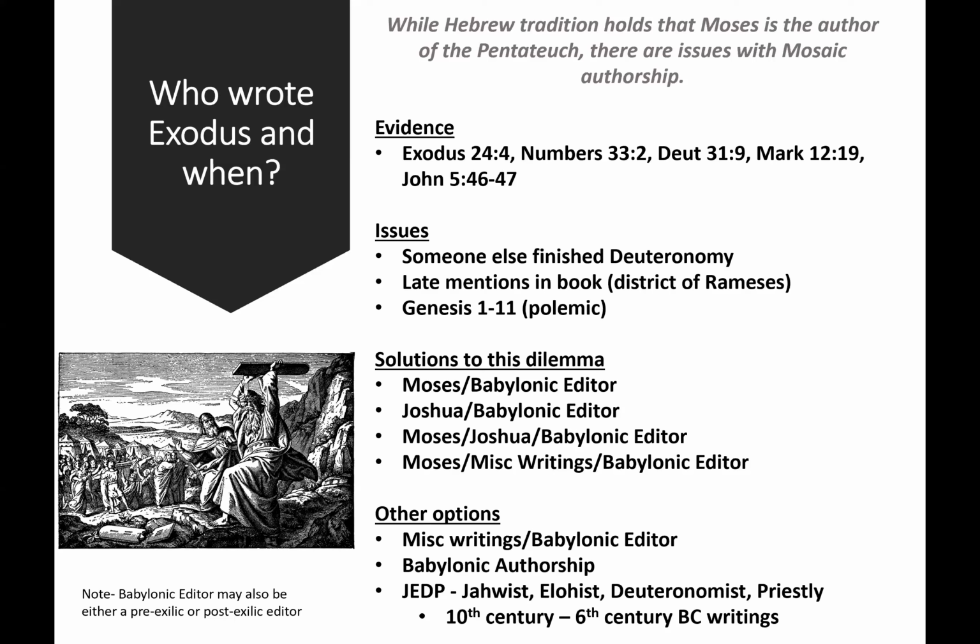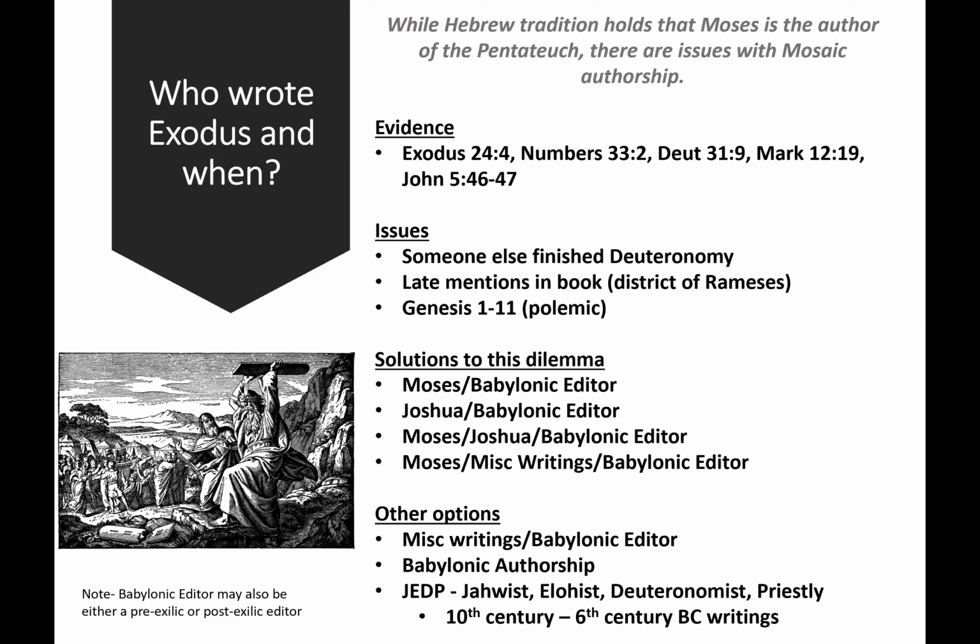There are other people that think the entire thing was written during the Babylonian exile by some priests that were there. And then probably the most popular of the controversial views is what we call JEDP. So this is a composition of the book by four different authors from different time periods.